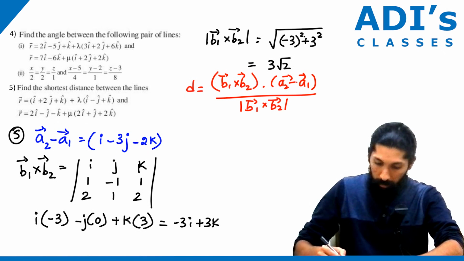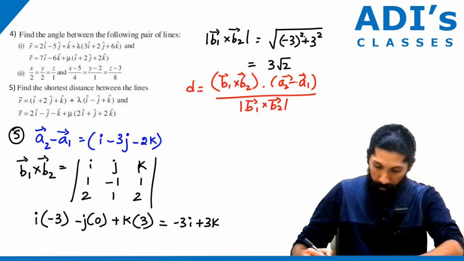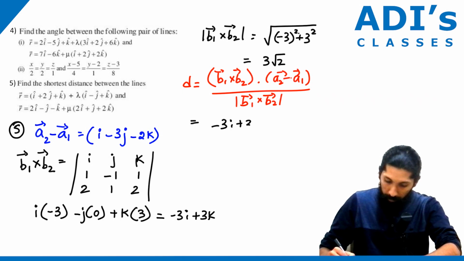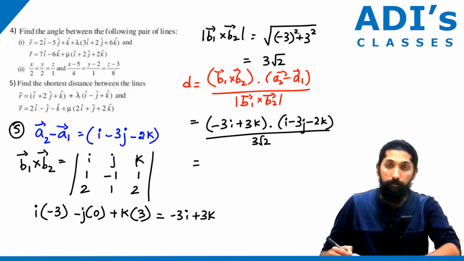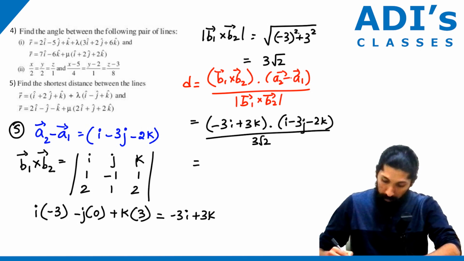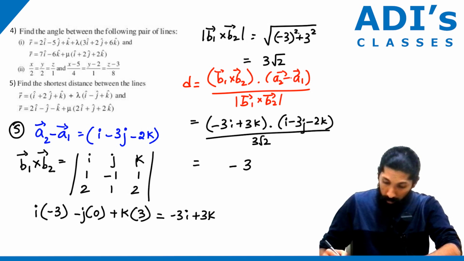Isn't it? Now if you apply this one, you're going to have minus 3i plus 3k dot i minus 3j minus 2k divided by 3 root 2. Correct? Minus 3 is this one. So minus 3, there is no j term at all. Then minus 6 divided by 3 root 2.